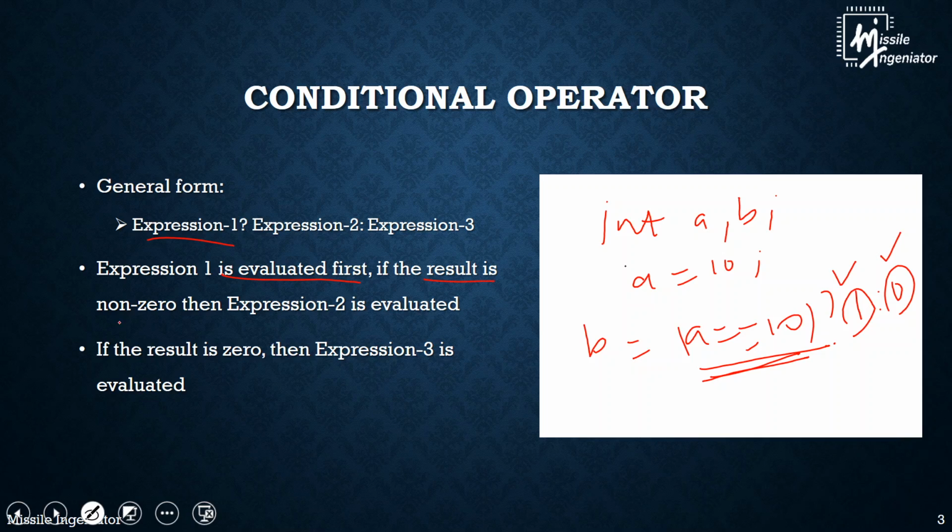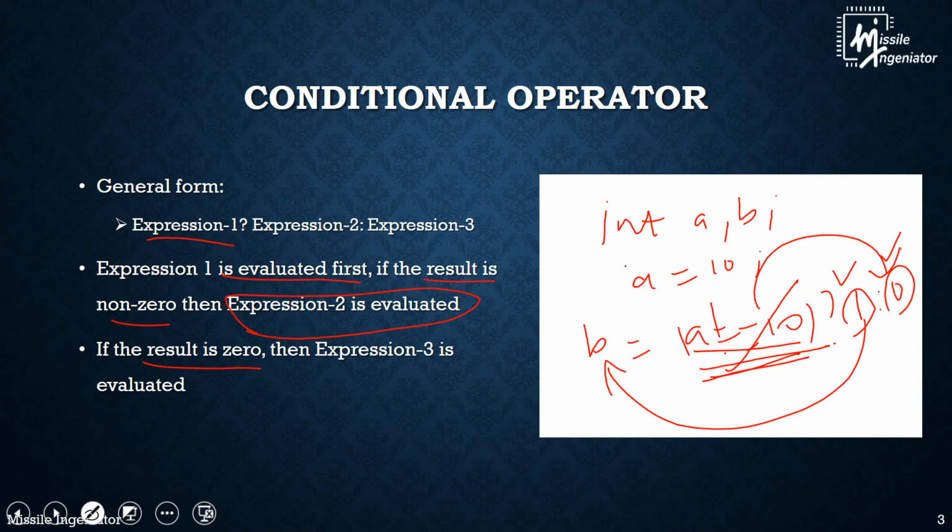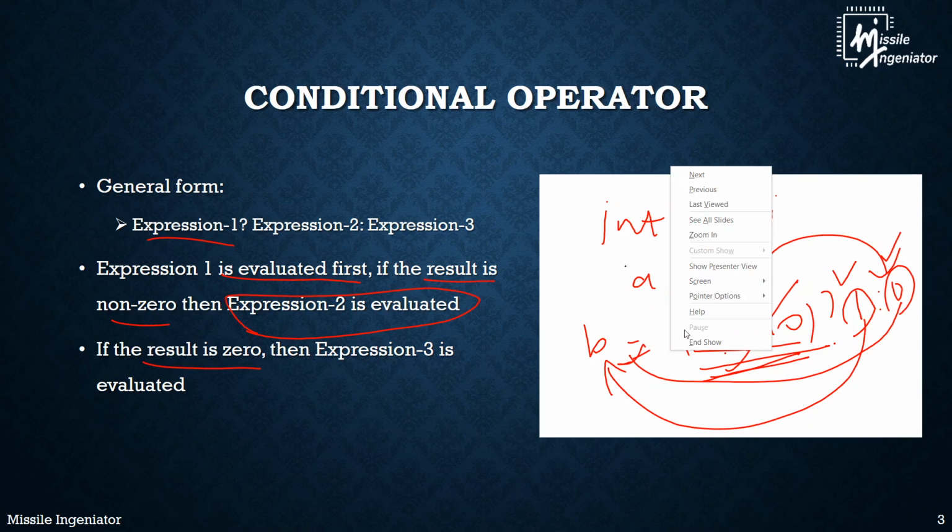If the result is non-zero, meaning true, then expression 2 is evaluated, so b equal to 1 is assigned. If a is not equal to 10, the result is 0, the condition becomes false, and it goes to the last expression, so 0 is assigned to b. This is the conditional operator.